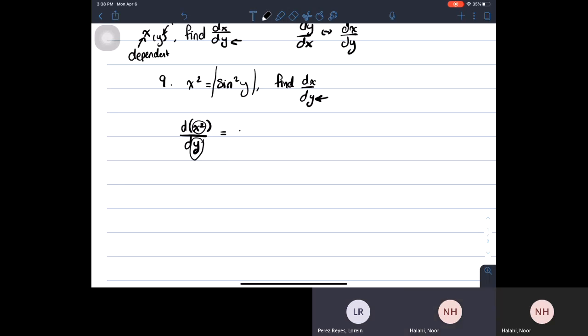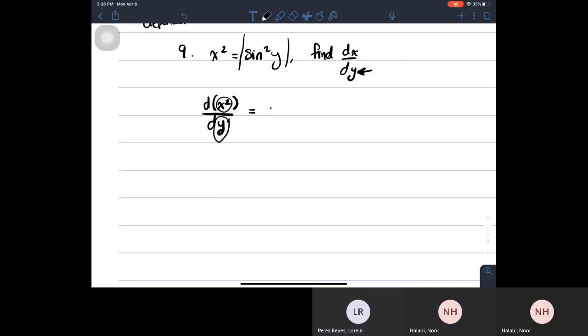You want to know the reason why we add the x prime, or the dx over dy?